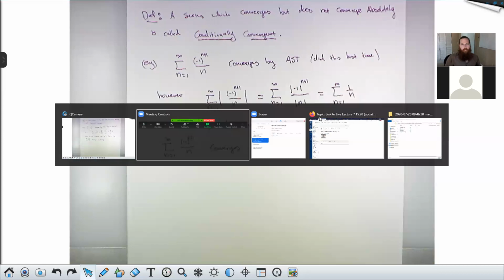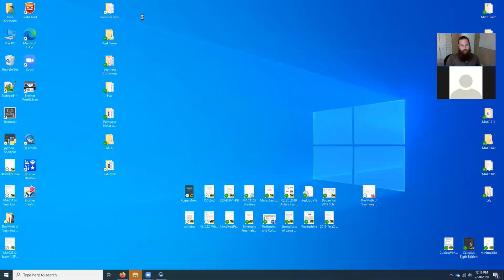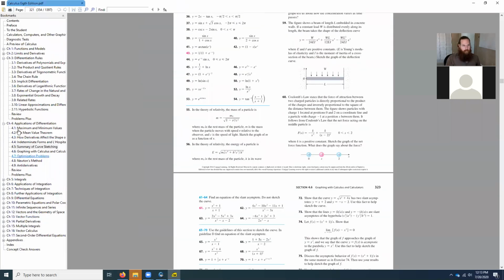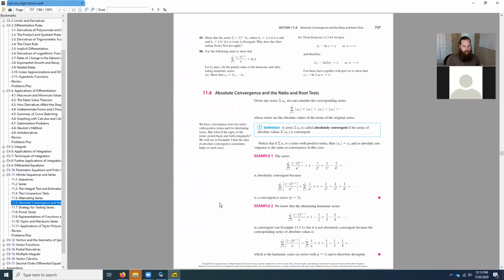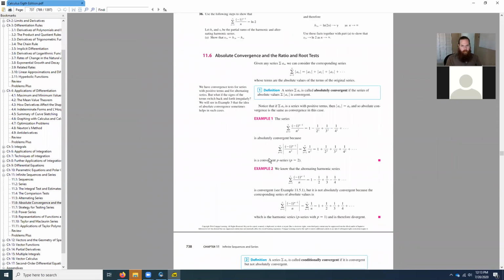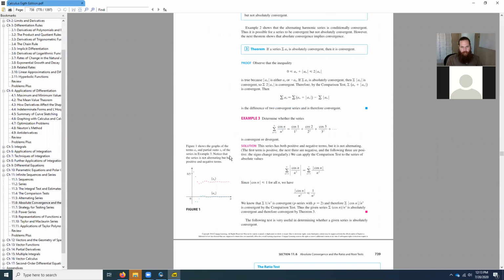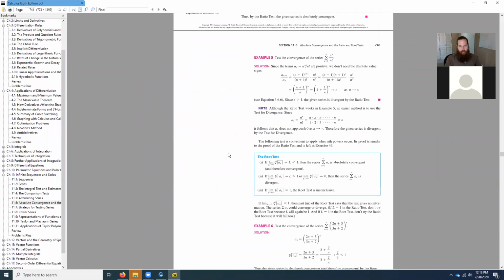Let me grab some examples from your textbook. Absolute convergence. So here's the alternating harmonic series. Oh no, it's not. It's something else. Let's look at something a little more fun now. Root ratio test. Just some problems.